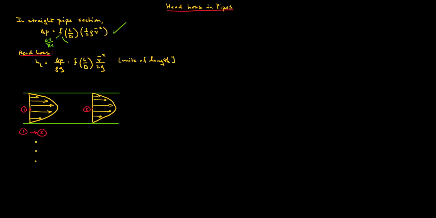For a turbulent flow, the friction factor is a function of the Reynolds number and the roughness of the pipe. And we know that we can get this friction factor for a turbulent flow using a Moody diagram.